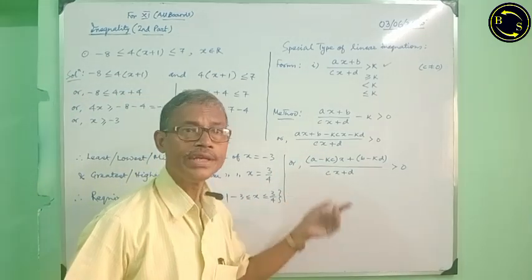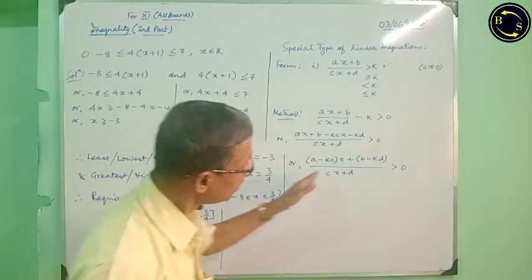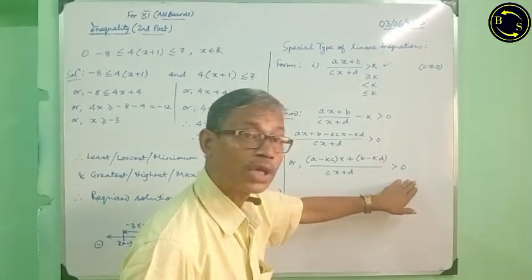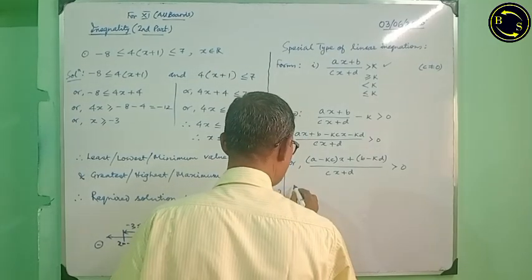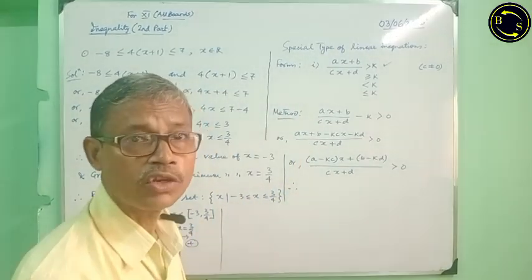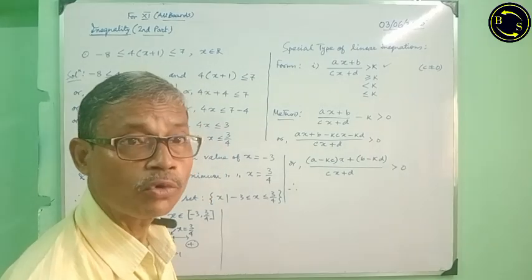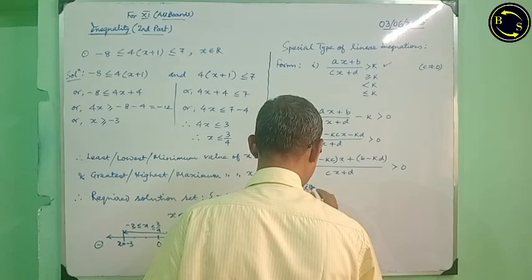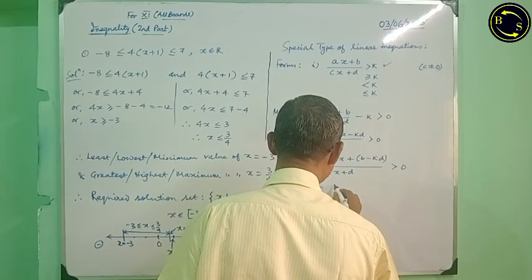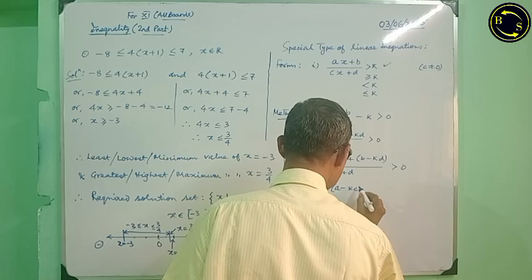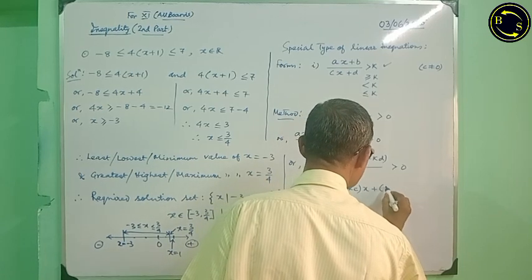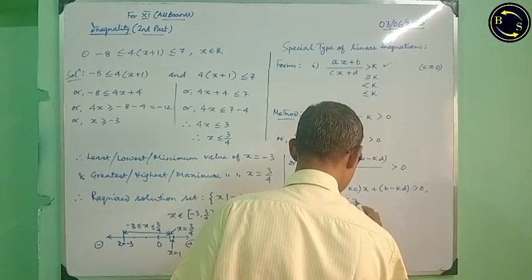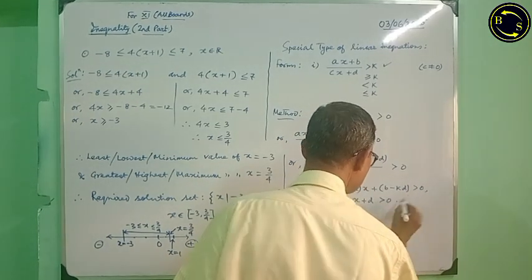Now both are linear. Now the value of the fraction is positive. Then two cases arise. Therefore, both numerator and denominator positive or both numerator and denominator negative. Therefore, either a minus kc into x plus b minus kd positive, cx plus d positive.